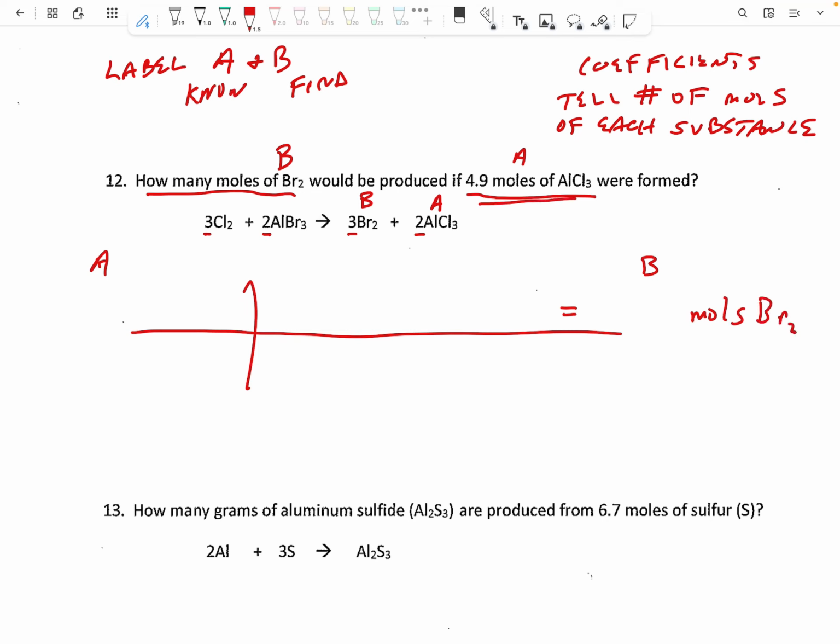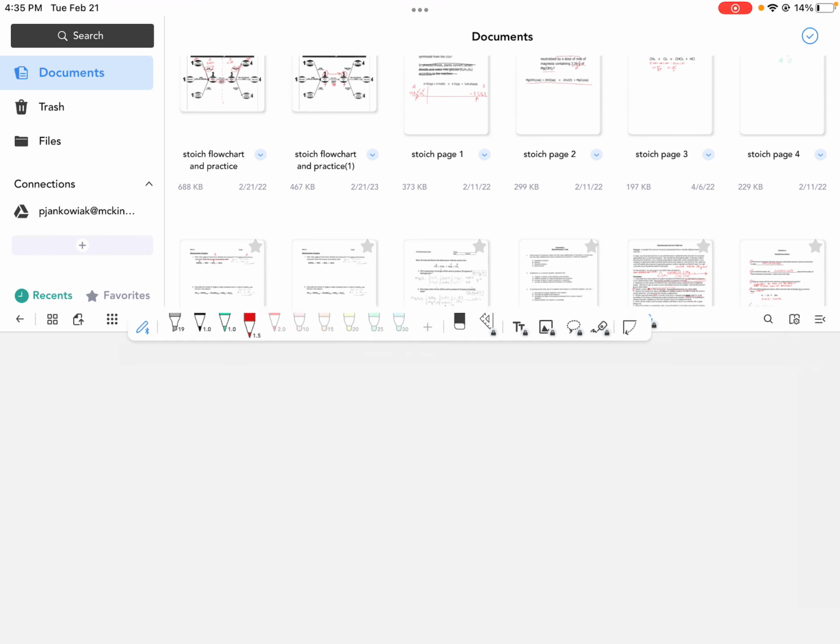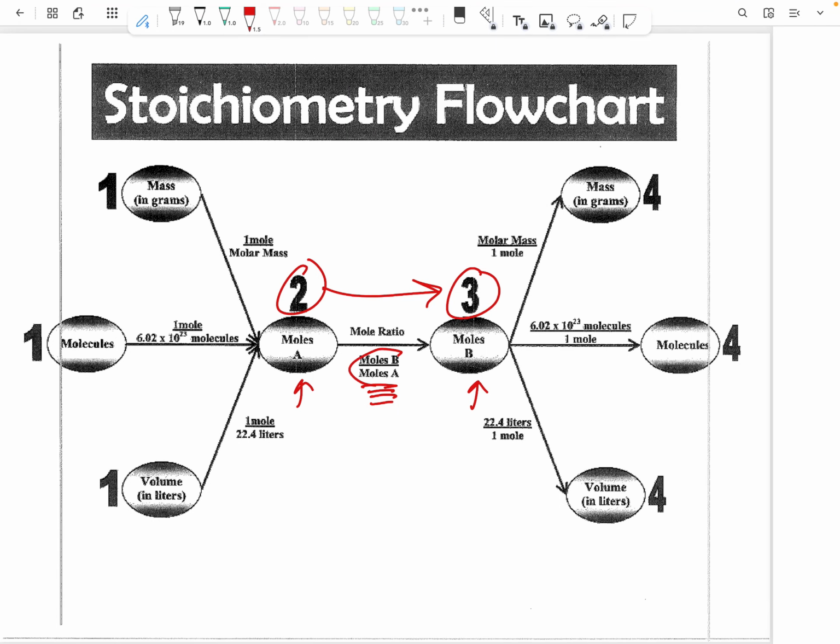My A is that, so we're going to list that over here, 4.9 moles of aluminum chloride. So now, the only thing we have to do is that mole ratio that I talked about. And going back to that flow chart, the mole ratio is the moles of B divided by the moles of A.